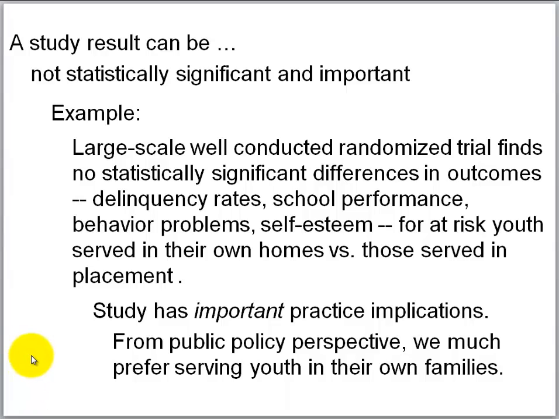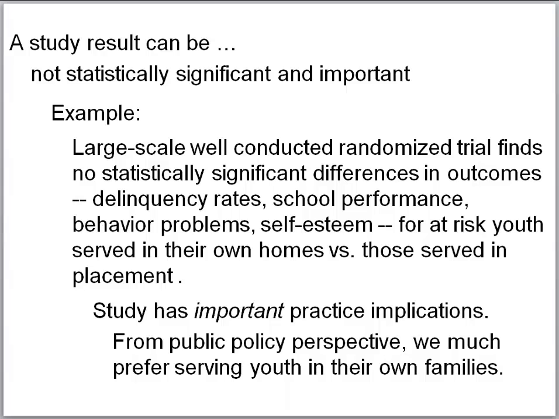From a public policy perspective, we much prefer to serve youth in their own families. So this large-scale study that demonstrates that kids served in their own home have, in essence, equivalent outcomes to those served at placement is an important study potentially for guiding practice. So here then is a study with results that are not statistically significant, but that are important.